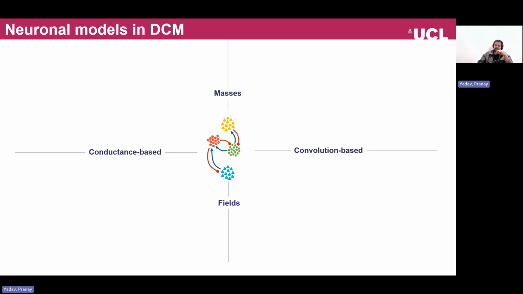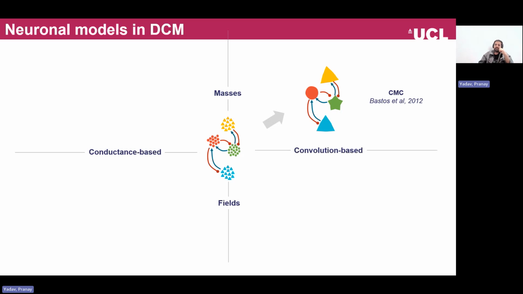This was done by Bastos in 2012, and this refined model is called the canonical microcircuit model. It is a much more realistic biological circuit, and is very useful in modeling cortical processing as it happens in a predictive coding hierarchy.